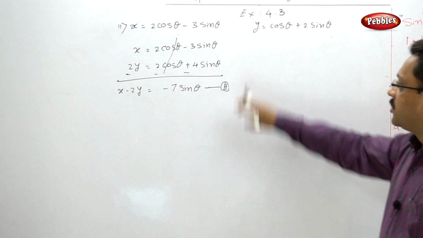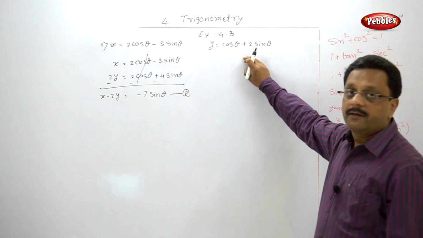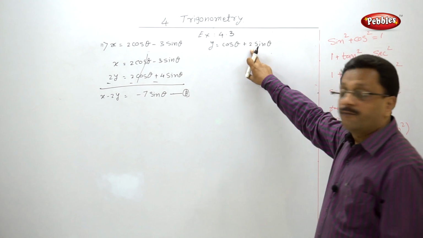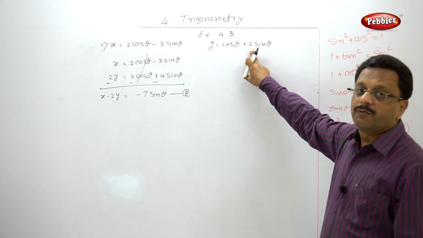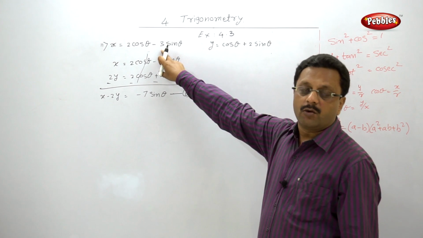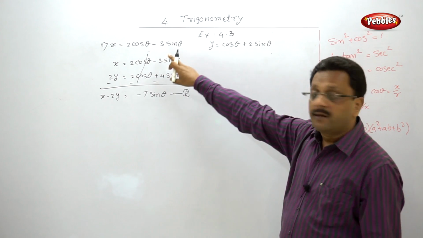Okay. Now similarly, here I have eliminated cos, here you will eliminate sine. Now to eliminate sine, both the coefficients are different, so we will multiply each equation by the other equation's sine coefficient. So multiply first equation by 2 and second equation by 3.